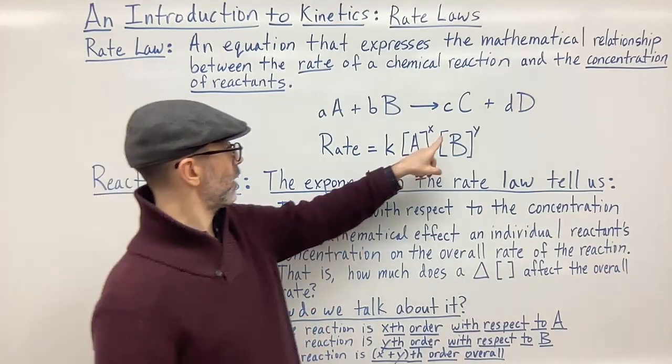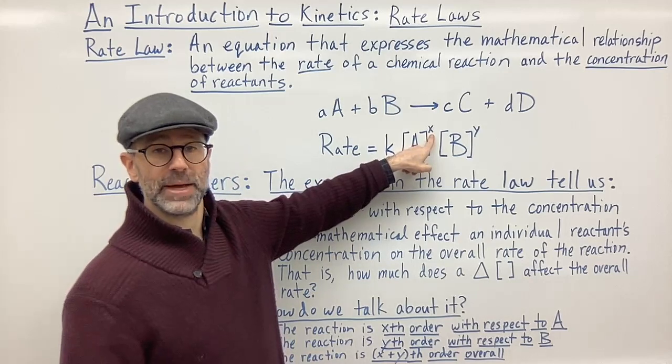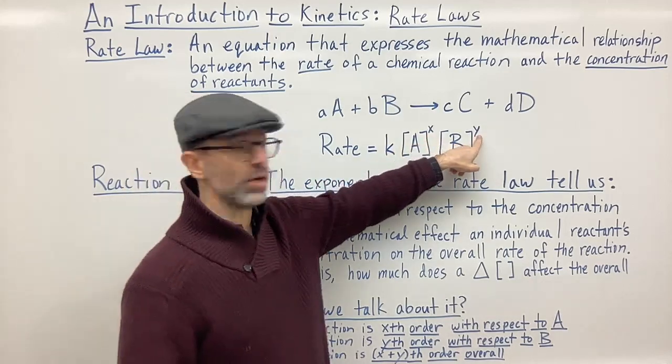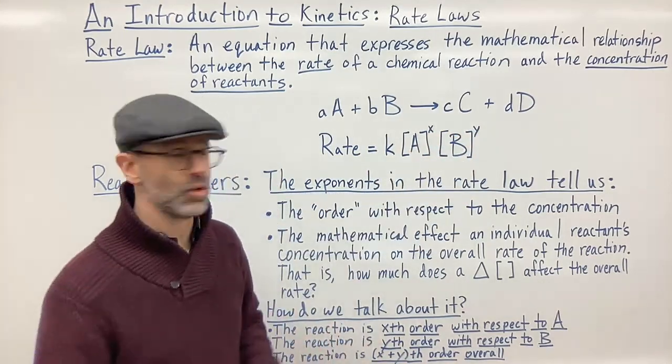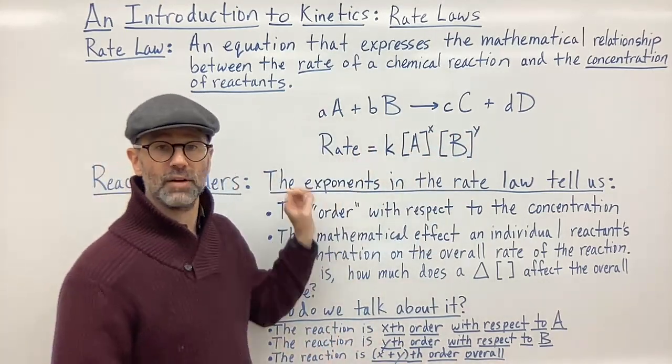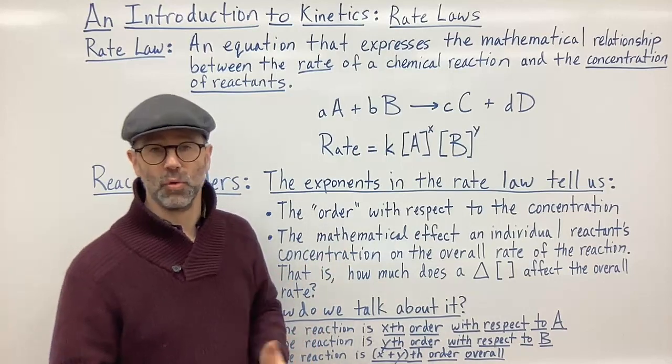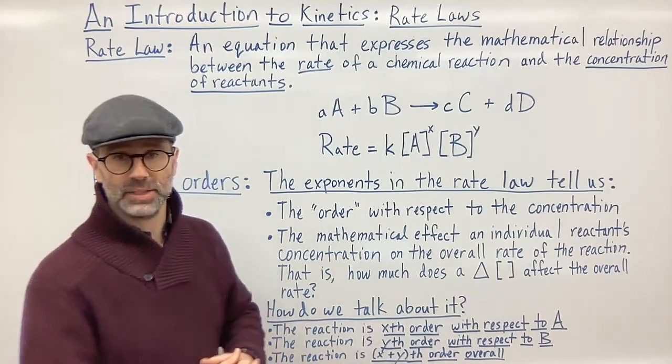If it was first order with respect to A, but second order with respect to B, then you add those together and you get third order. So the overall order of the reaction rate would be third order. And that's how you talk about these things.